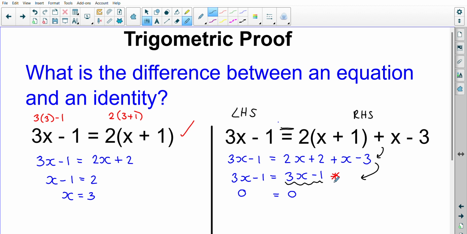So they're identical to each other, just originally they were written in a different way. So I'm going to be presented with a range of identities, and it'll be a proof where I've got to prove that one side is equal to the other.